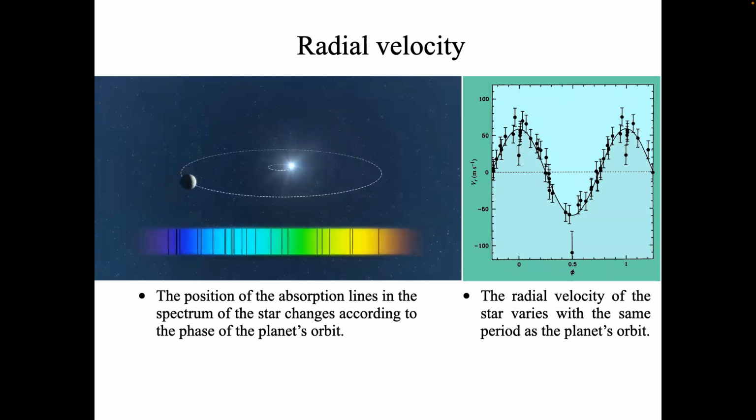But if there is a planet orbiting around the star, there will be a variation of the radial velocity of the star, a periodic variation. This periodic variation is connected to the orbital period of the planet. So you will see a periodic variation of the radial velocity of the star.